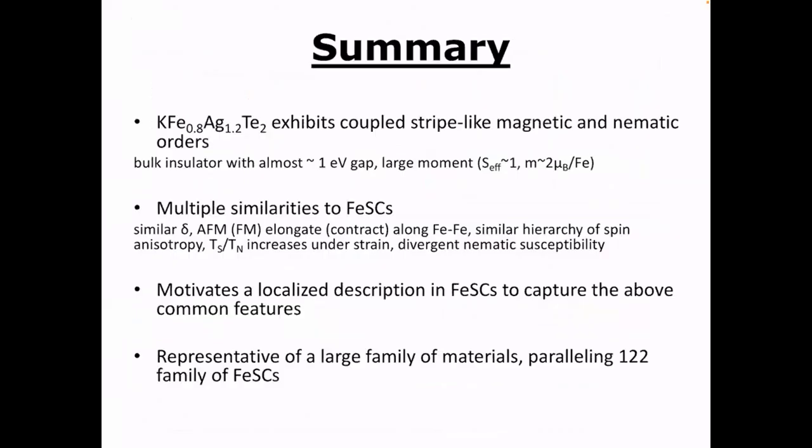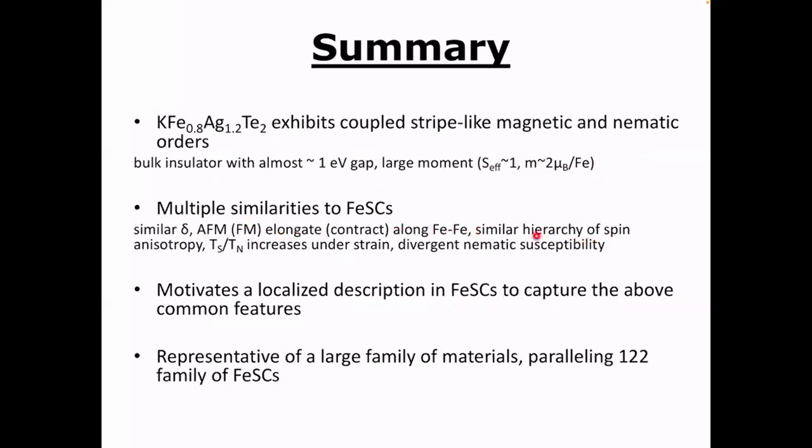So, okay, in summary, our findings basically show that this insulating material, this insulator with a very large gap and large moment as well, exhibits coupled stripe-like magnetic and metal orders, very similar to the parent phase of the iron-based superconductors. And in addition, we show that there are additional similarities, and these include the similarity of the magnitude of the lattice distortion and the way that's related to the stripe configuration.